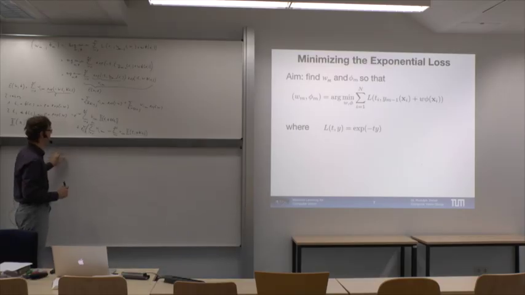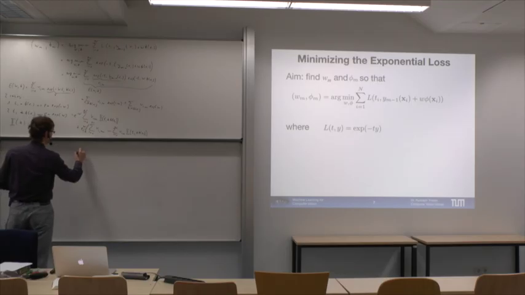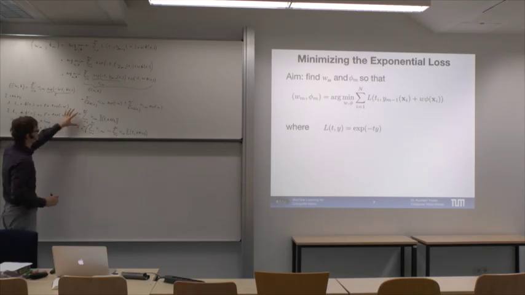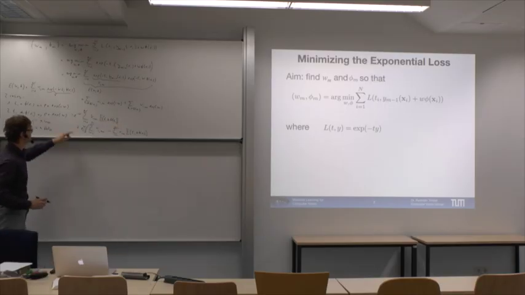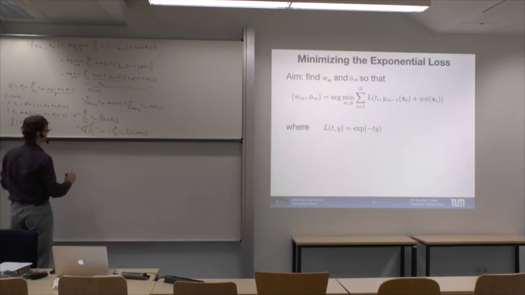Now let's go on. Let's rewrite this a little bit differently. We subsume this term and this term, we say they can be put together. What do we have in front?